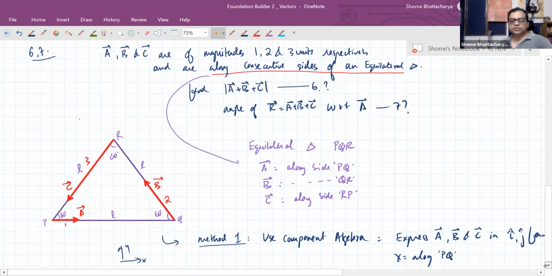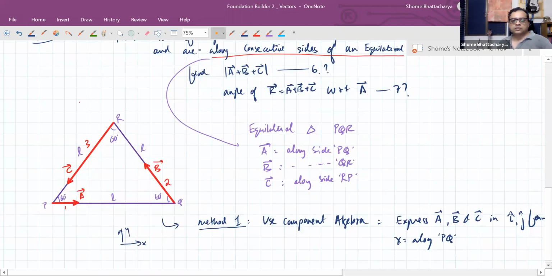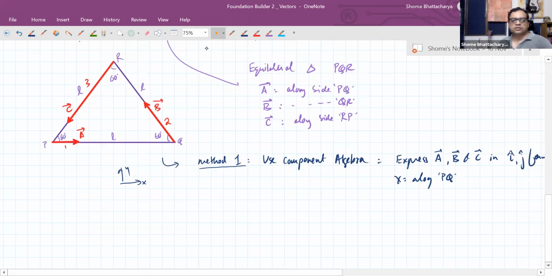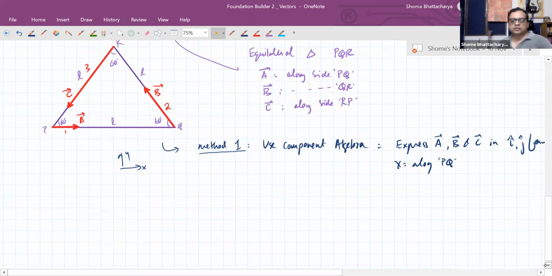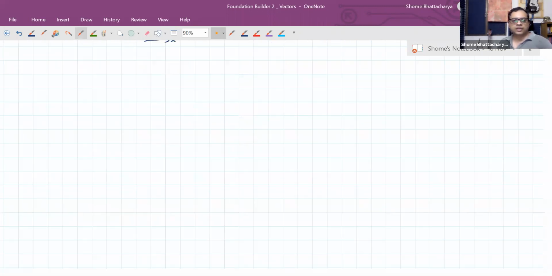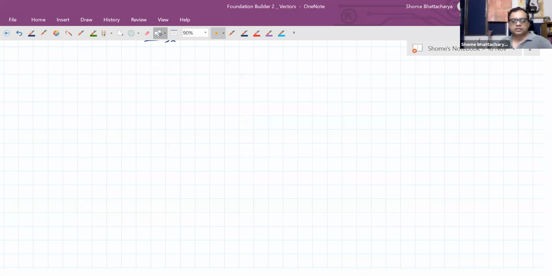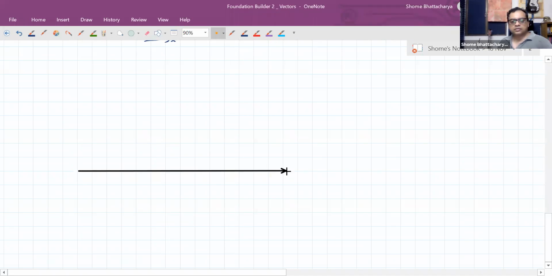Okay, so let's see how this works out. So if you take our coordinate frame as I've advised you to take, like this, okay, so that this is your x-axis, this is your y-axis.